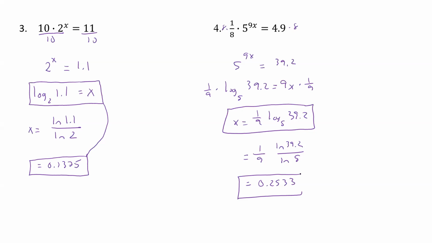And then that would be my approximate solution for this one. Okay, and so key things: you have to get it to the point where you have an exponential on one side only and everything else on the other, and then just convert it to a log function, and then you can simplify from there.